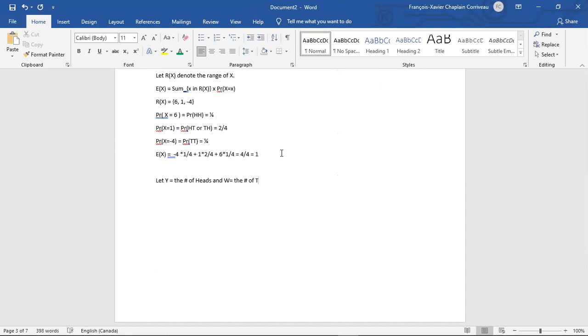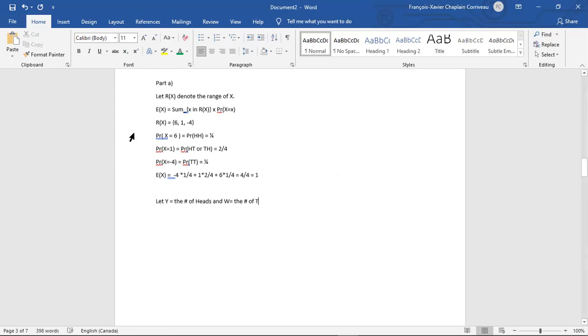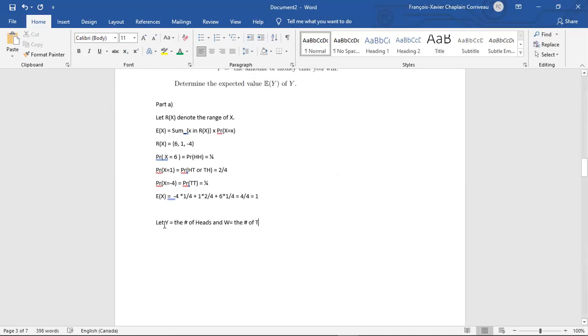So what do we know? What is the relation between x, y, and w? Well, the relation is that x is equal to 3 times the number of heads that I get minus 2 times the number of tails.